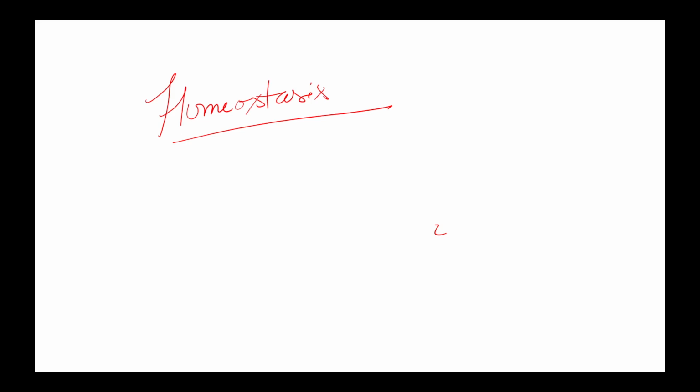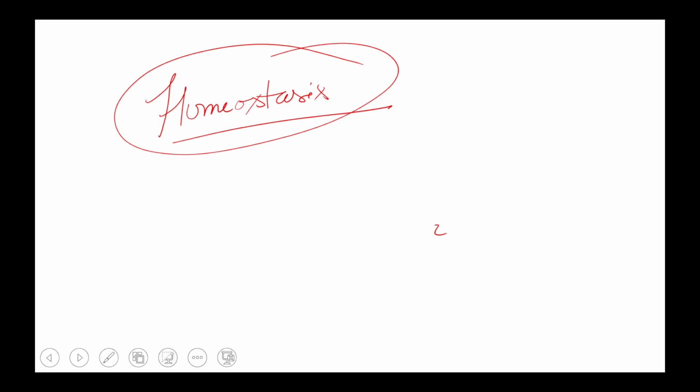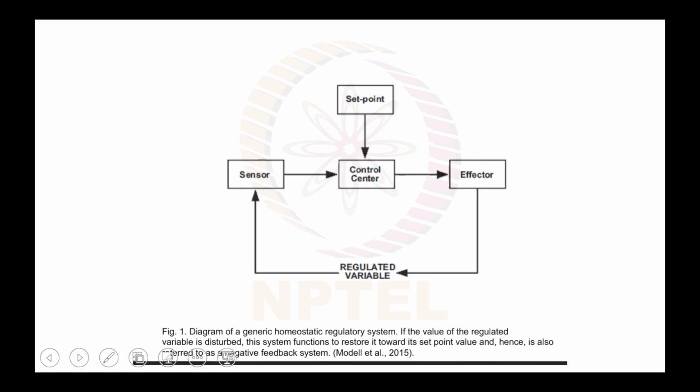Yes. So homeostasis is a property where the body maintains a stable environment inside, despite certain changes in the external environment. So let me start with this. There is a set point.